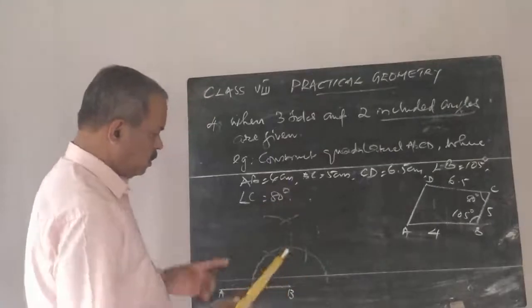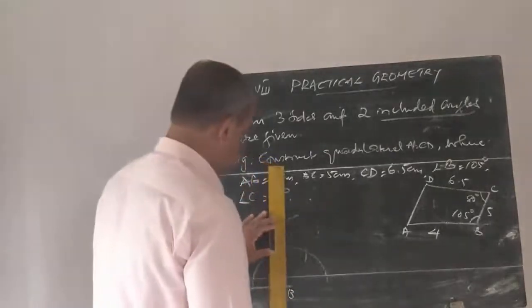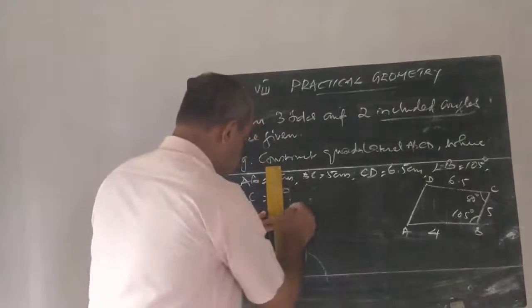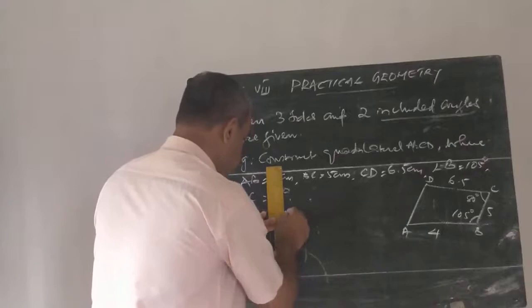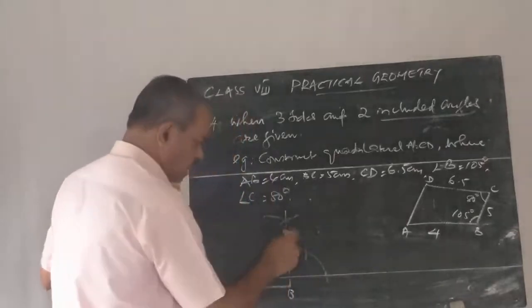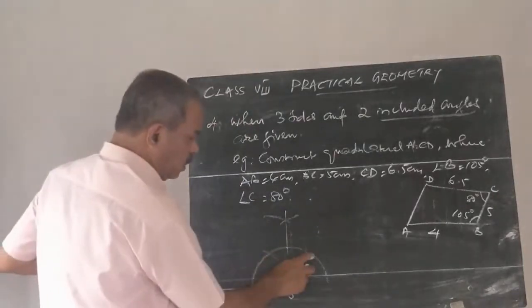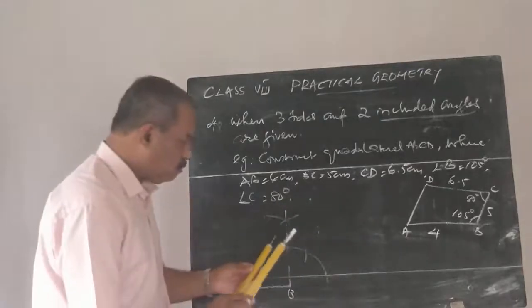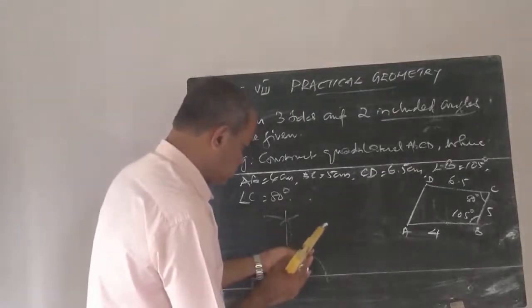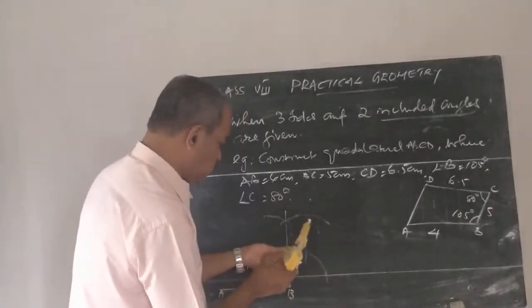Now we get 90 degrees here. From 90 to here there are 30 degrees. So draw the bisector of this angle with a convenient radius.